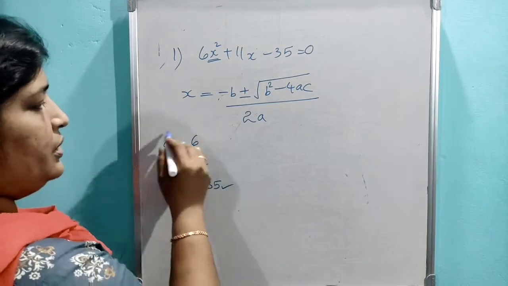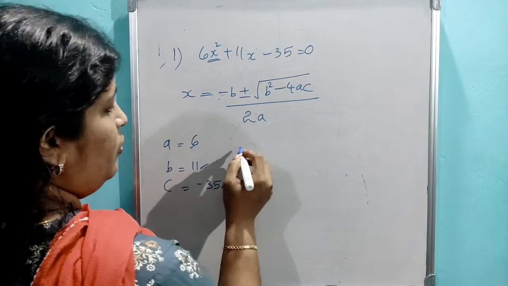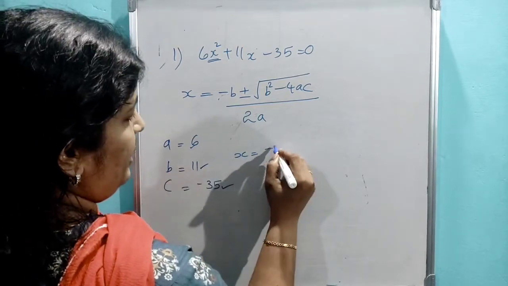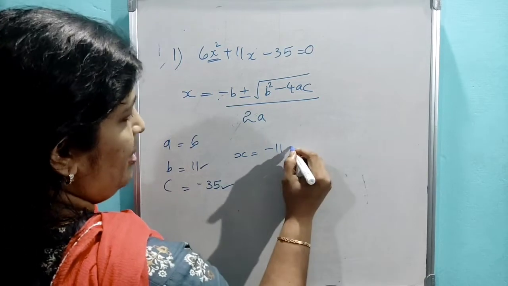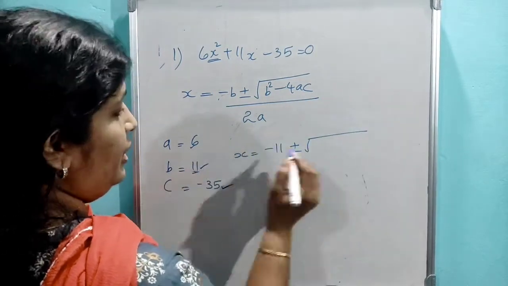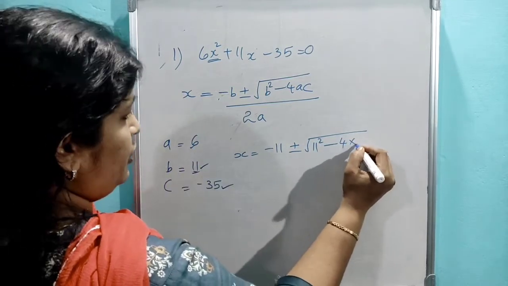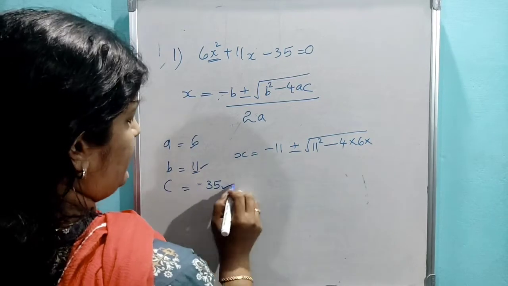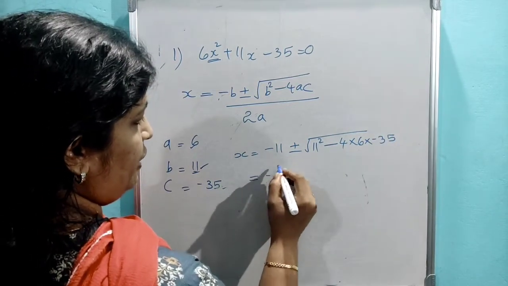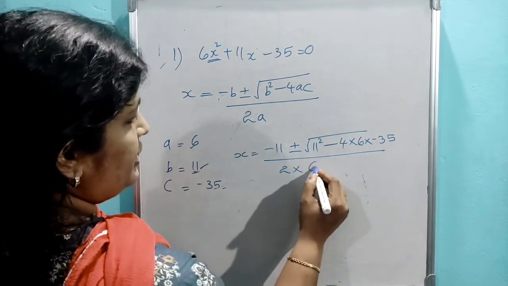So let's substitute these values in the equation. x is equal to minus b, which is minus 11, plus or minus root b square minus 4ac. b here is 11, so 11 square minus 4 into 6 into minus 35, all divided by 2a. 2a is equal to 2 into 6.